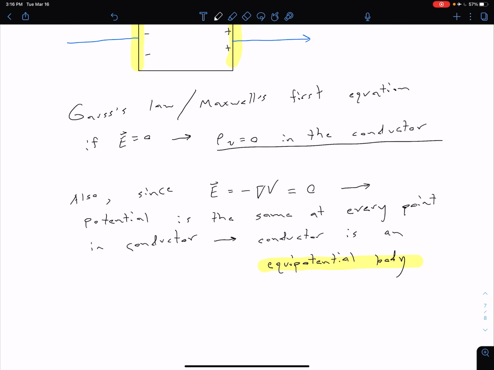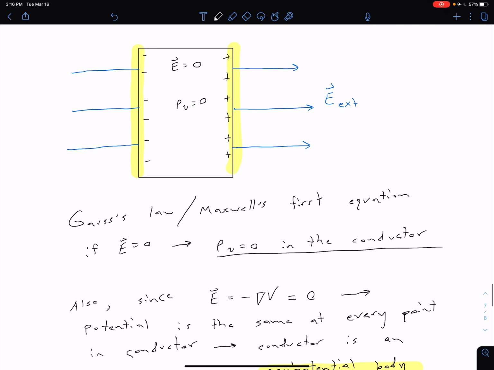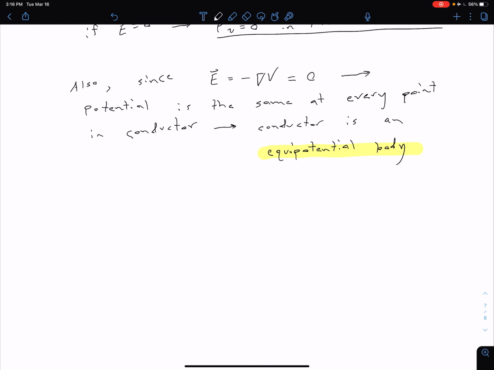To summarize those three key ideas, I should have clarified that E equals 0 inside and rho v equals 0 are for a perfect conductor. Oftentimes we approximate our good conducting metals as perfect conductors, because as a first approximation that's a really good approximation and can make our analysis easier. As I said earlier, for a perfect conductor we have a sigma equal to infinity.